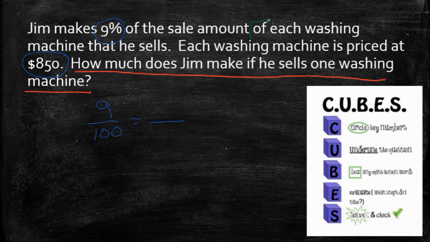There's my of hiding in there. So of each washing machine. All right. So we have is and of. So the cost of a washing machine is $850. And then, of course, our unknown variable is the question, which is X.